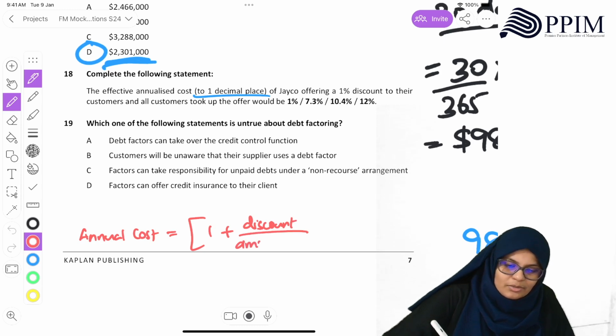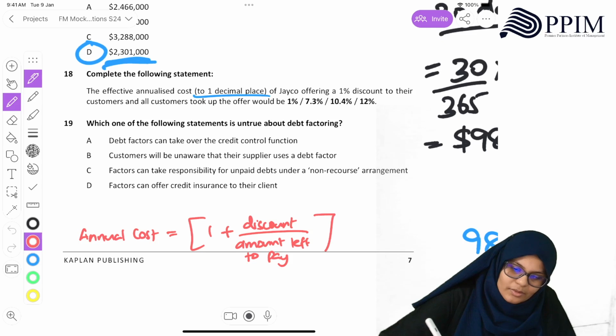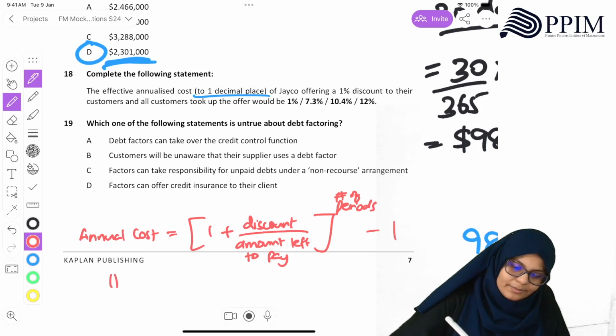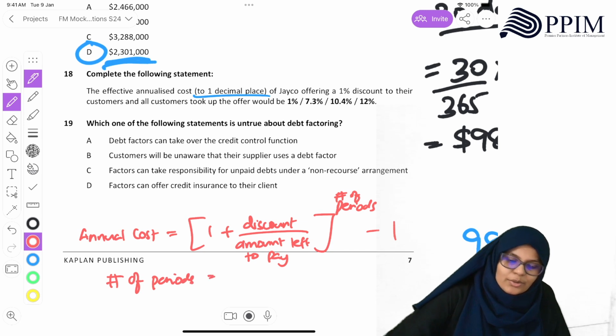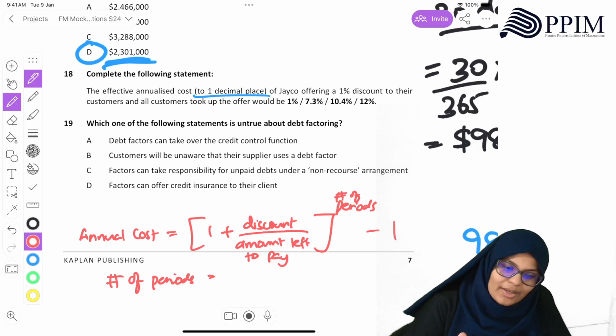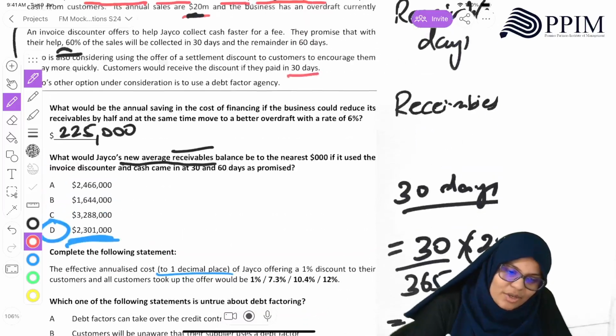over the amount left to pay to the power of the number of periods minus 1. Okay, how do we calculate the number of periods? This all is part of the slides, right? You can either use months or days or weeks, but in this case I think they're talking entirely in terms of days, right?